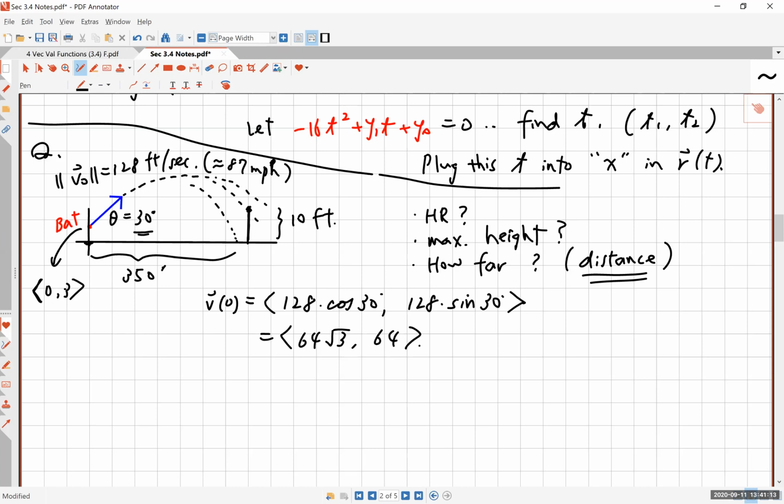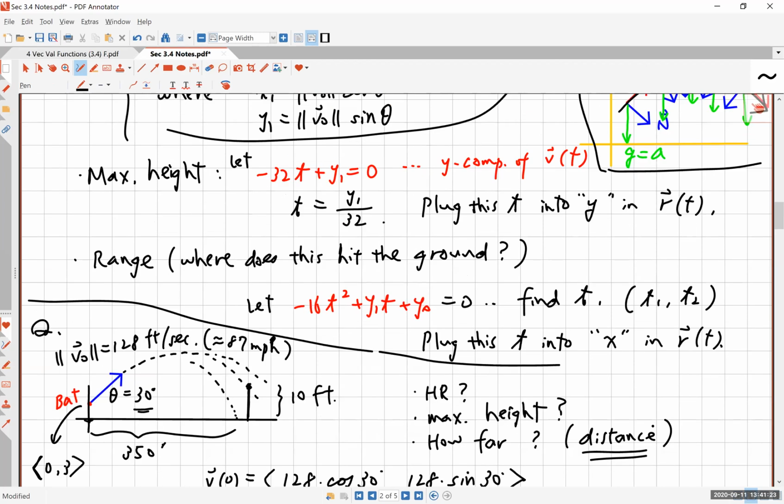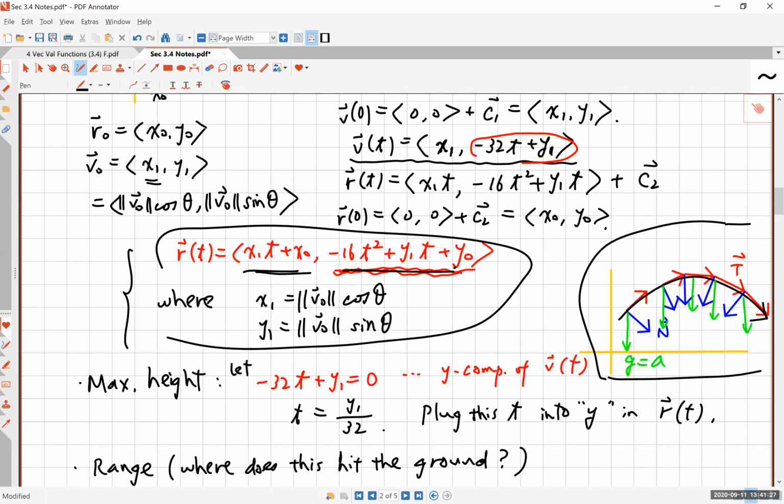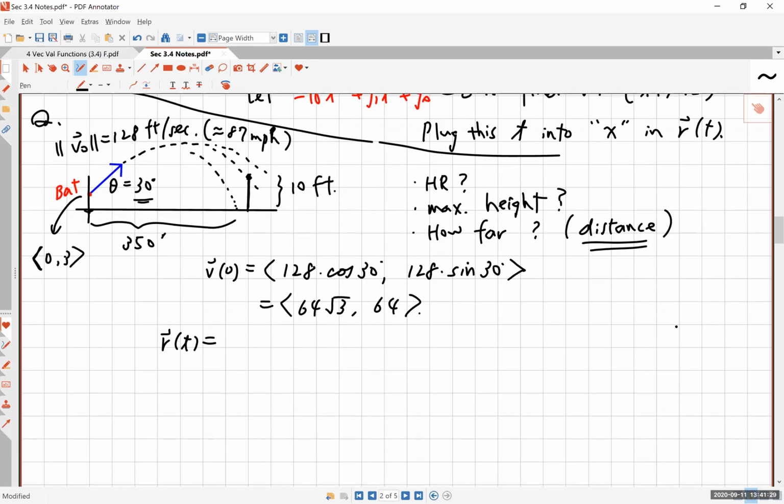All right, so with that, we can try to go back to this problem. All right, so what do we get from this? Okay, we can go ahead and write down the answer because we worked this out in general, right? R of t is equal to this thing here. So what is this? It's going to be 64 square root of 3 t. And remember, the first x coordinate is 0, so then you don't add anything.